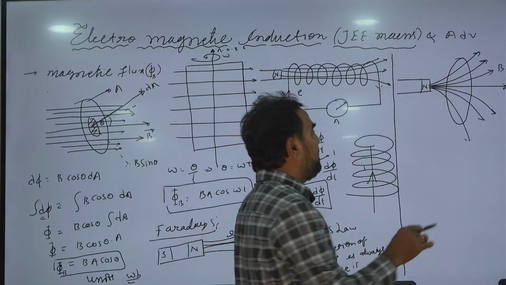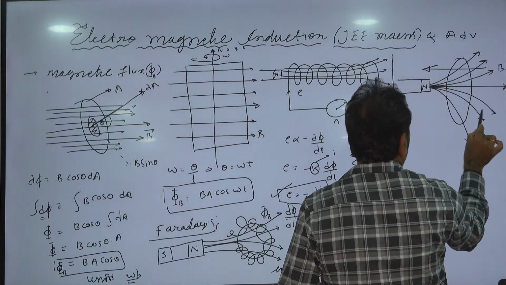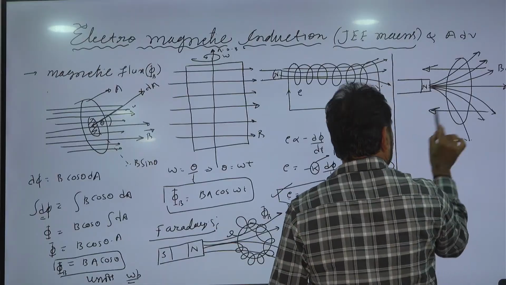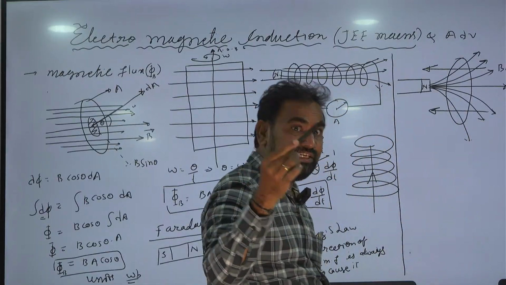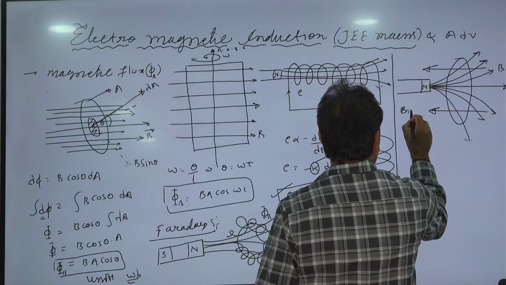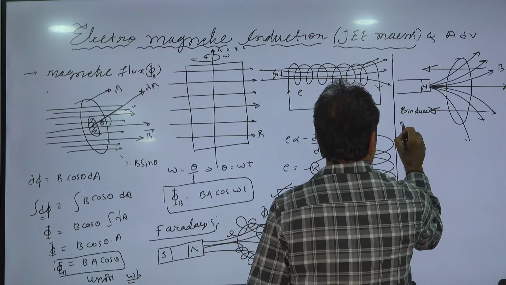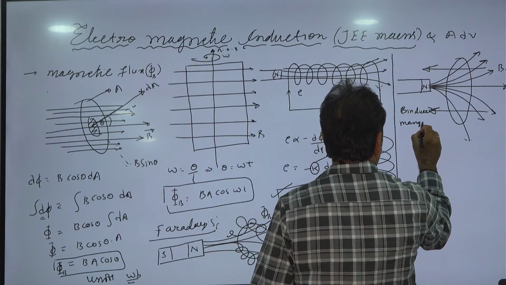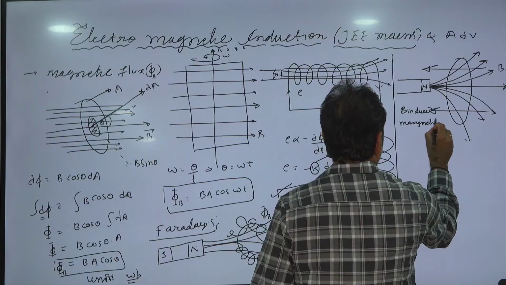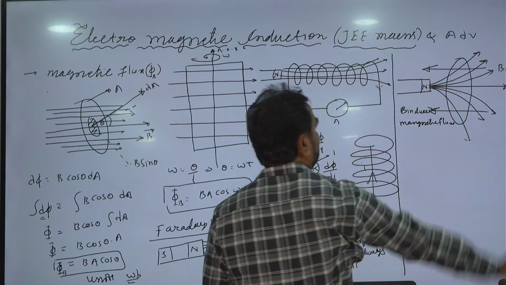Therefore, the induced magnetic flux must be opposite like this. This is B induced, the induced magnetic flux, and it must be opposite to the cause of it.